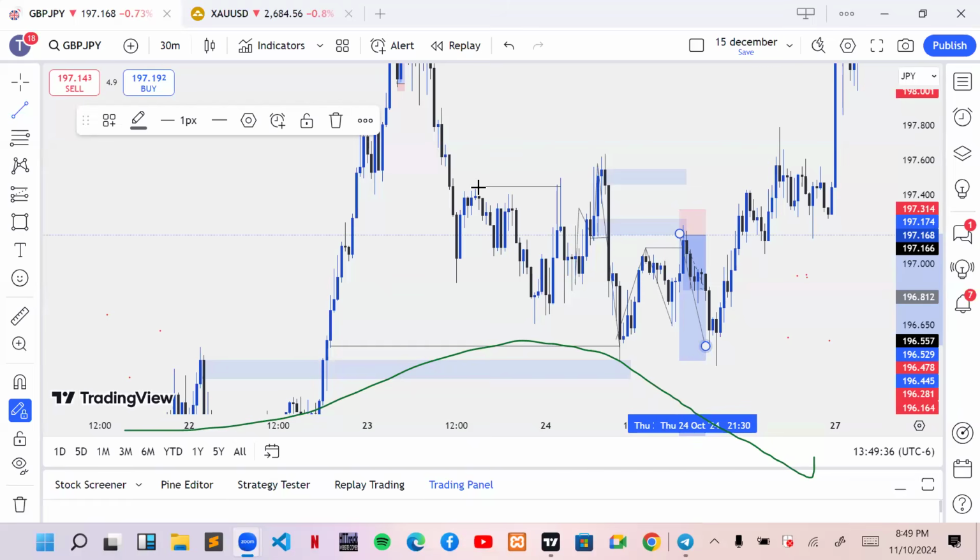There's a specific shape of an order block. The specific shape of a bullish order block is you see a bearish candle, you see a bullish candle engulf it. The specific shape of a bearish order block is you see a bullish candle, you see a bearish candle engulf it. That's just it. Okay, thank you.